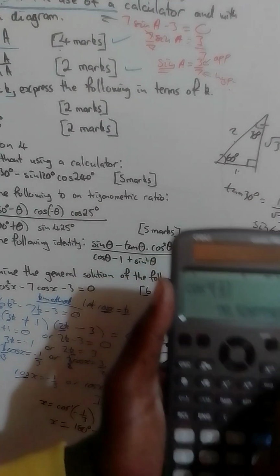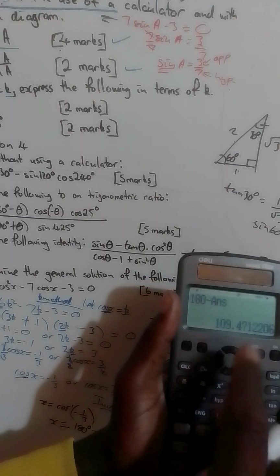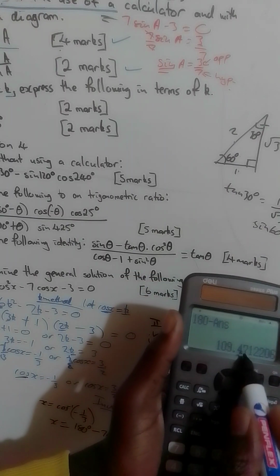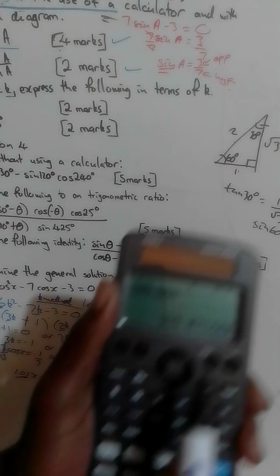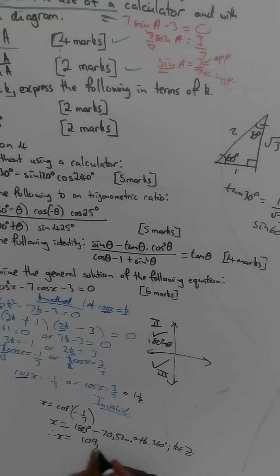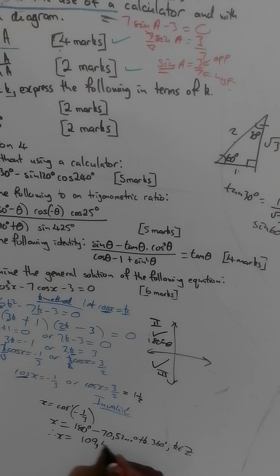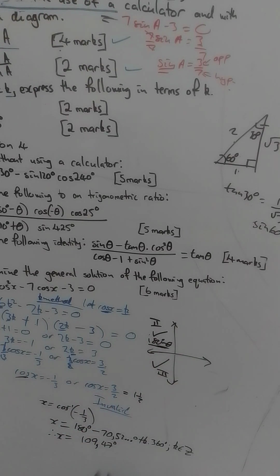I say 180 minus the 70 something, it gives me 109.47. So I say, therefore, my x is equal to 109, now I'm going to round it off to 2 decimal places. Why am I rounding it off? This is the final answer. I'm using the instruction from the first page, which says I must round off to 2 decimal places. I found the answer for quadrant number 2, whereby the reduction formula says 180 minus theta.